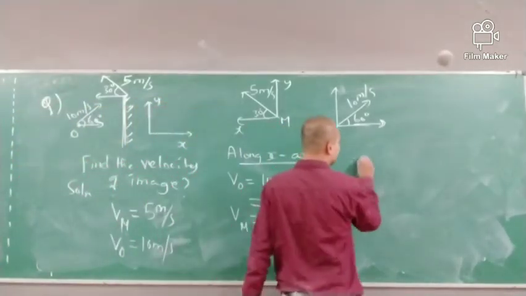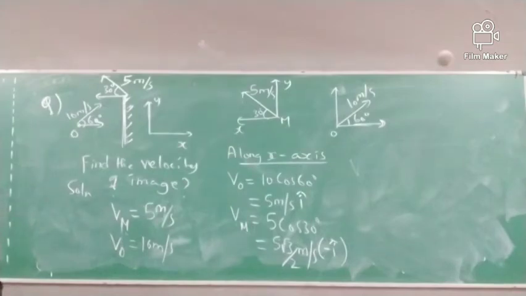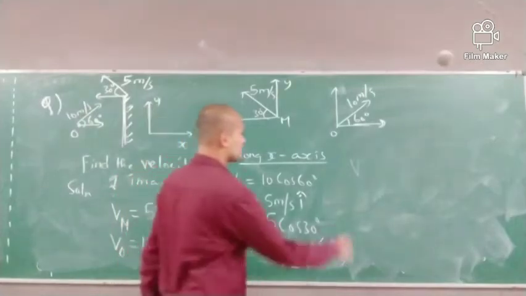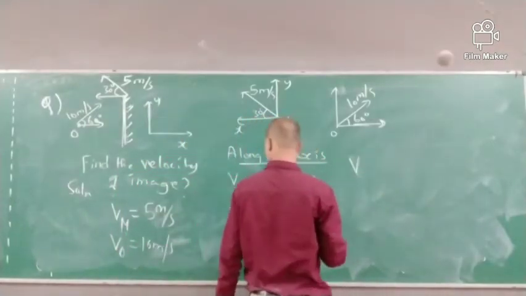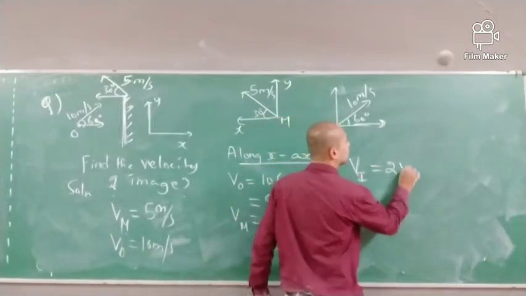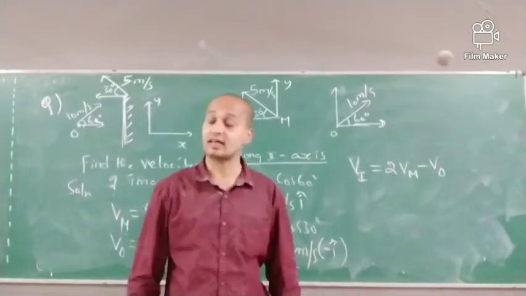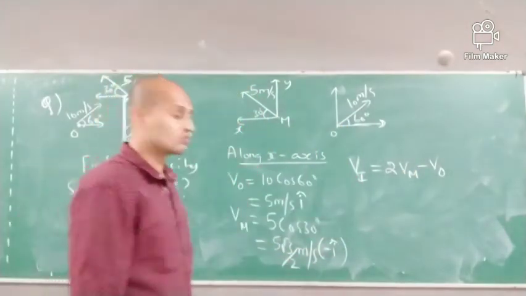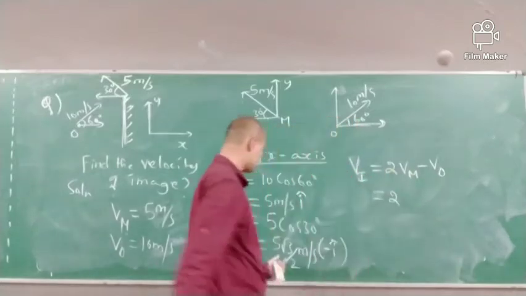So velocity of image is given by 2 times velocity of mirror minus velocity of object in the case of x-axis. So what is the velocity of mirror along x-axis?